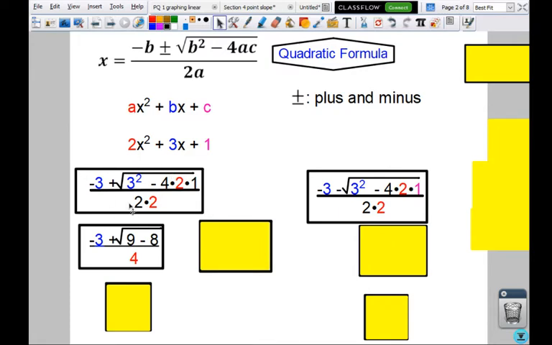So all I've done so far is plug in numbers, and then start solving. 3 squared is 9, 4 times 2 times 1 is 8, and underneath I have a 4. And then I can keep going because 9 minus 8 inside my square root is 1.